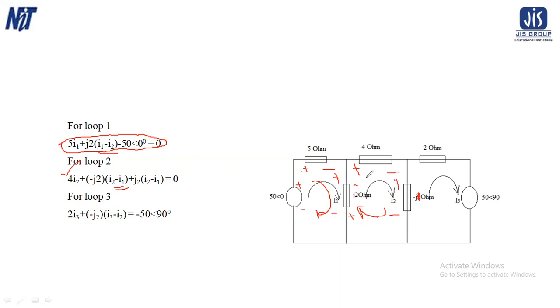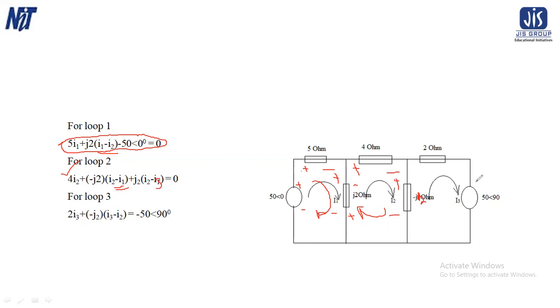This is plus J2, so minus I3 will be there, equals 0.